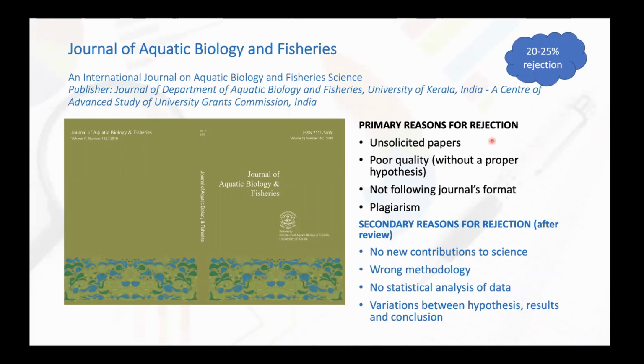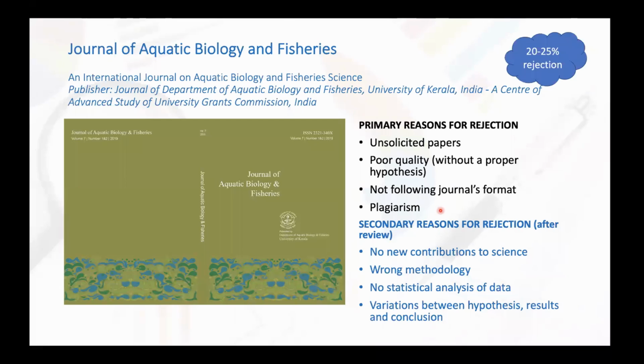The primary reasons are unsolicited papers, that means it is not in the format and not following any kind of quality checks and standards. This is one reason. And then poor quality. That means the content is very poor, without a proper hypothesis, without a proper research design, etc. And sometimes the journal's format is not taken care of. They will just write something in a general format.